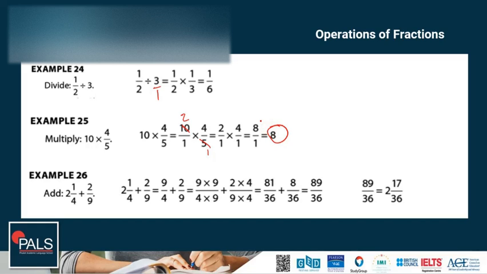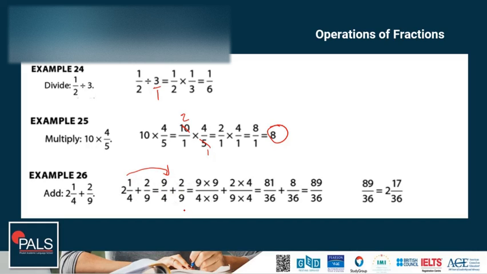Example 26. 2 and 1/4 plus 2 over 9. Okay, since the first one is a mixed number, you can change it to an improper fraction. So here it is. 2 times 4 is 8, plus 1 is 9 over 4, plus 2 over 9.